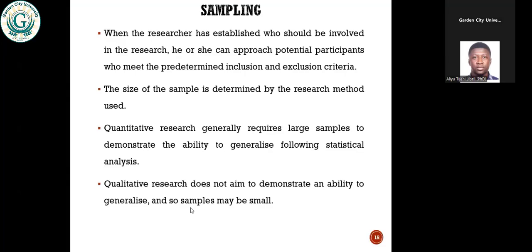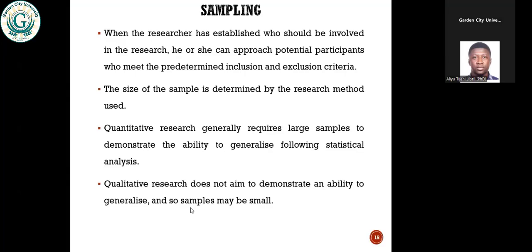But in the qualitative study, our interest is not about generalization, but rather about in-depth perspective. So here, a small number can be used for the study. In a lot of studies, we don't really go beyond 30 samples when we are doing the qualitative approach.